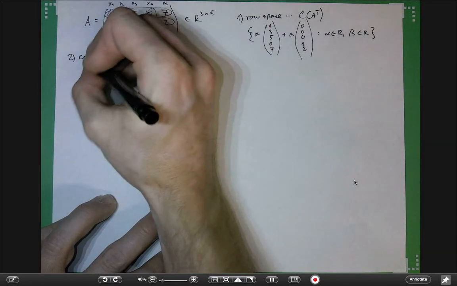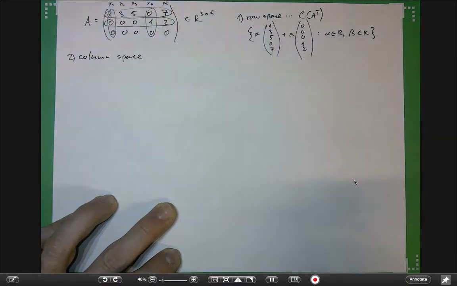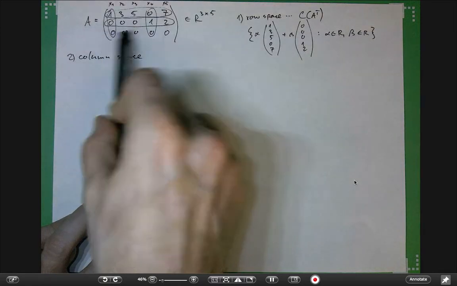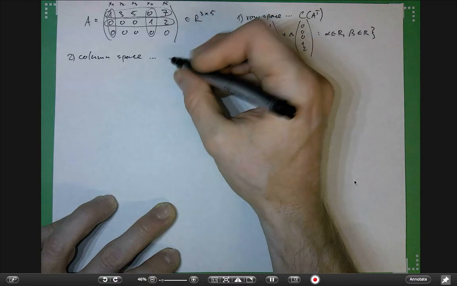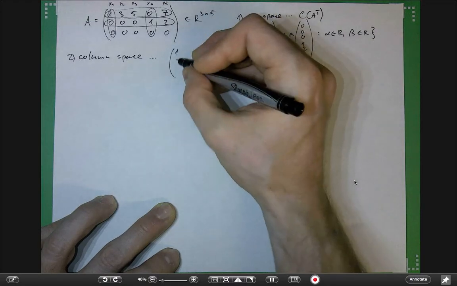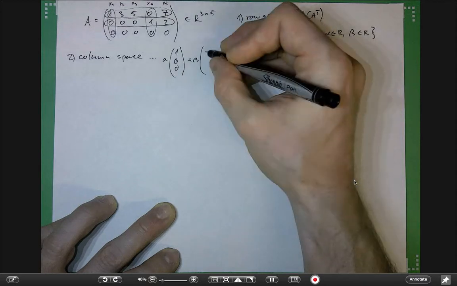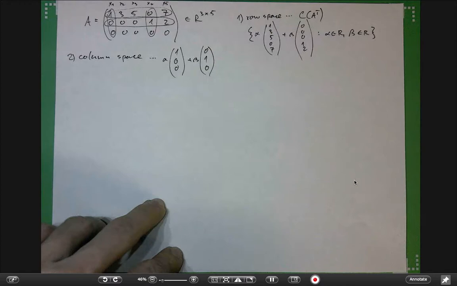So how about the column space? I said if I want the basis of the column space, all I need to pick is the columns corresponding to the pivot elements, which is just this. So I can write it like this.